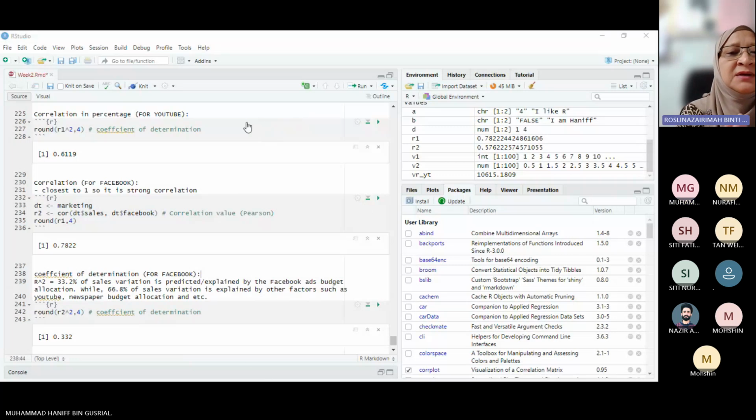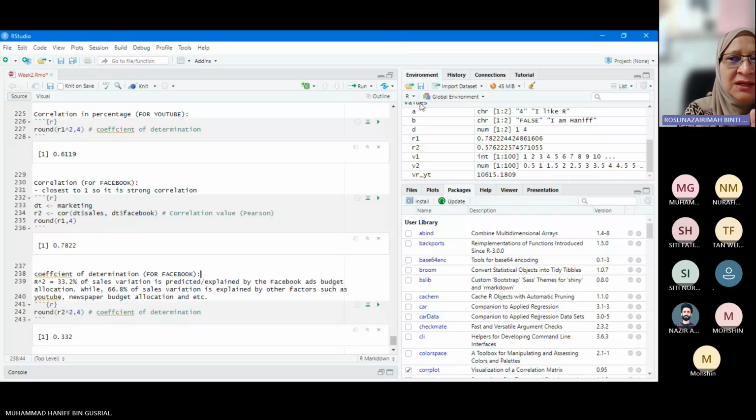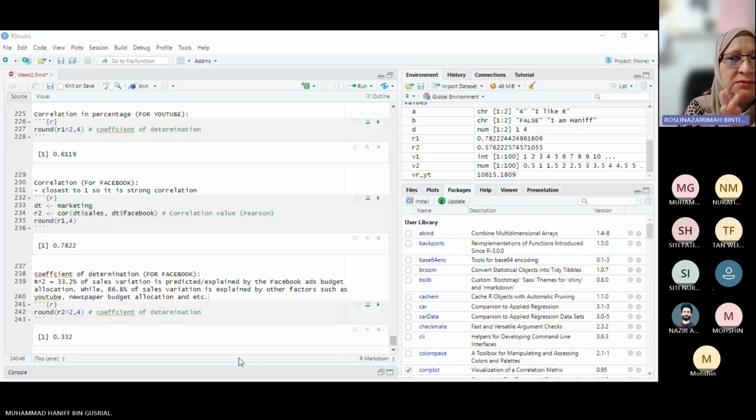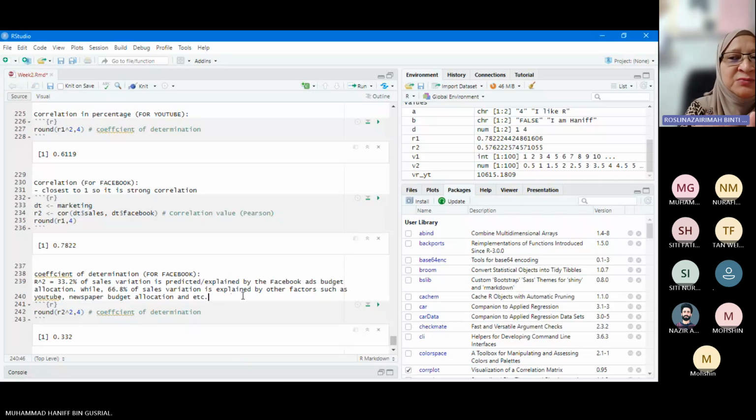Just now, about 60% of the variation in Y is being affected by YouTube. But here the effect of Facebook on the sales is very low. Do you understand?